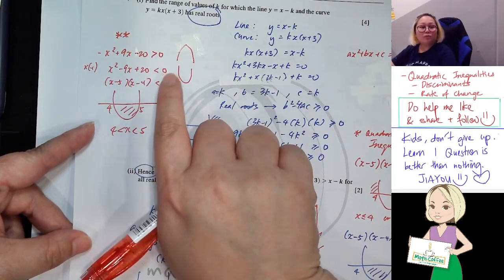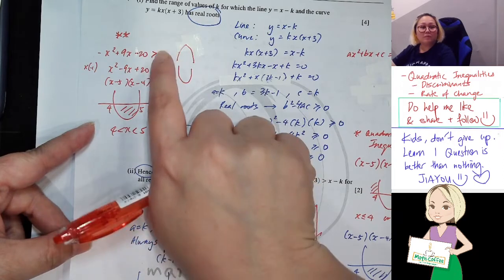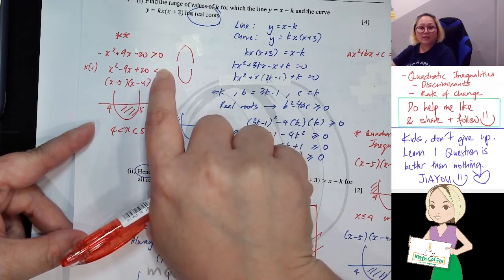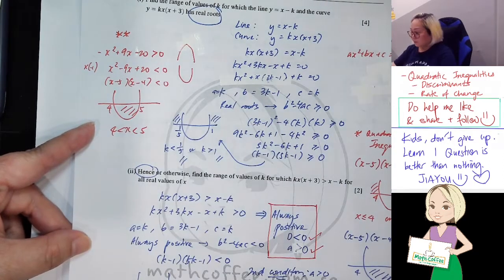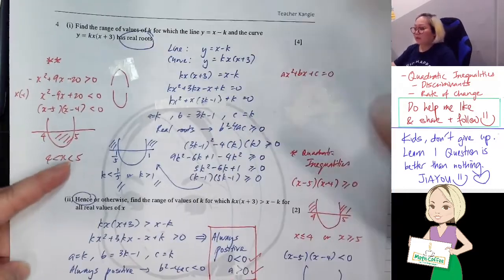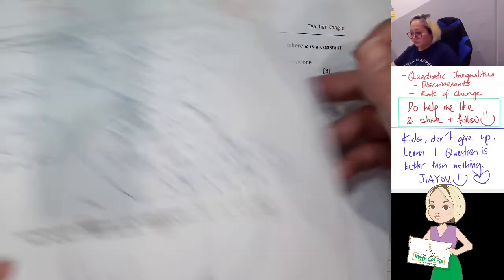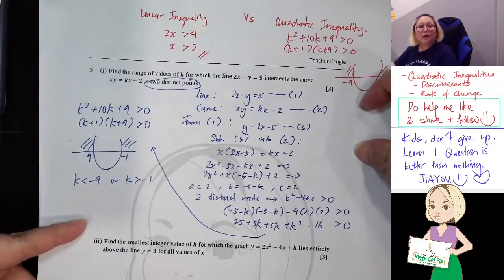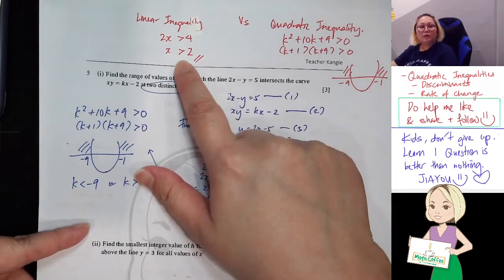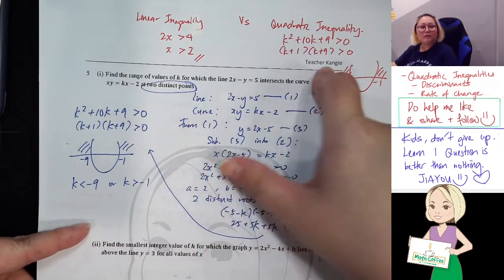And then also please remember to flip your symbol. For more than, it becomes less than. Okay, so always keep it happy. And then after that, linear inequality versus quadratic inequality.